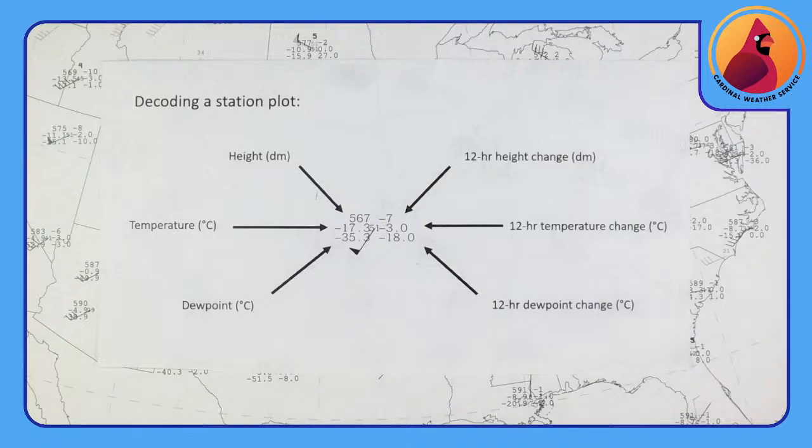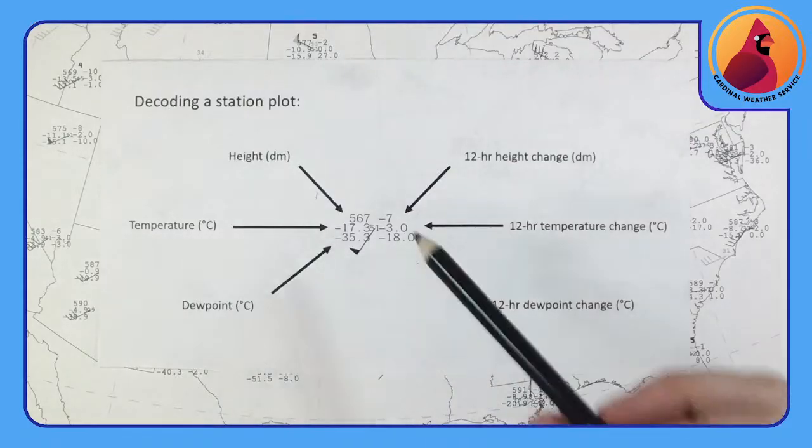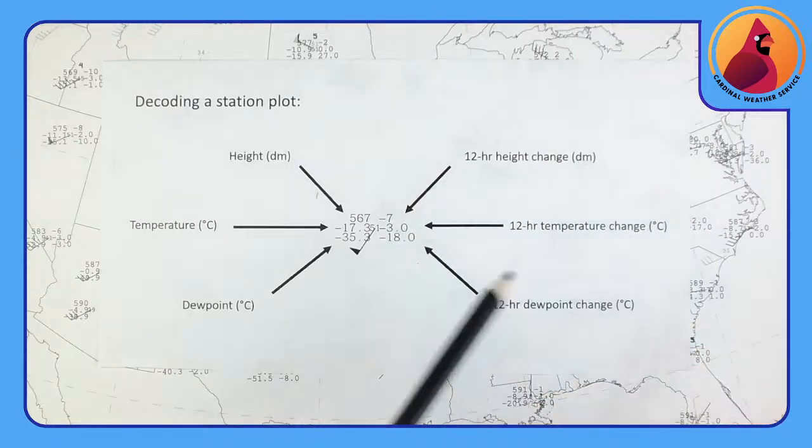To the right of that is the 12-hour height change in decameters. On the left is the temperature in degrees Celsius. Bottom left, the dew point in degrees Celsius. Across from those on the right are their 12-hour changes. And then finally, in the center is our wind barb, showing the direction the wind is coming from.